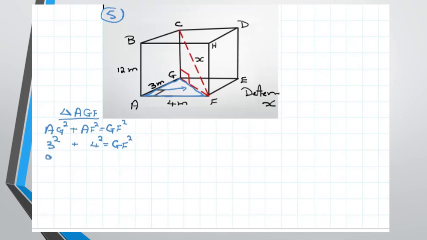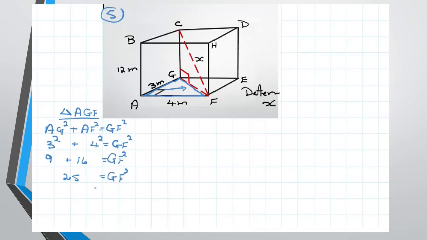That's going to give me 3 squared to be 9, 4 squared to be 16 equals GF squared. Therefore 9 and 16 to be 25 equals GF squared, I must not forget the square.